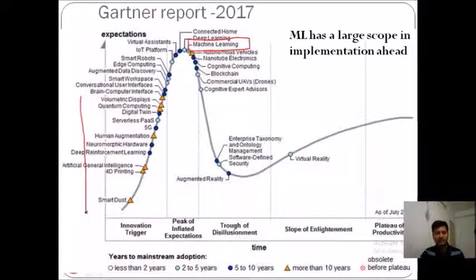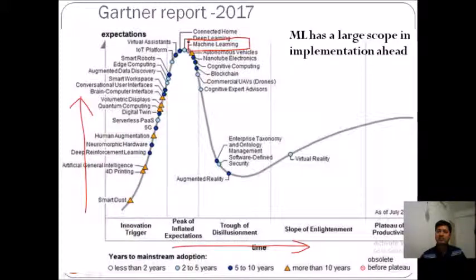The vertical axis is expectation, how much we expect from the technologies, and the horizontal axis is time to adopt in mainstream. Machine learning has very high expectation from our industries for real-life problem solving.